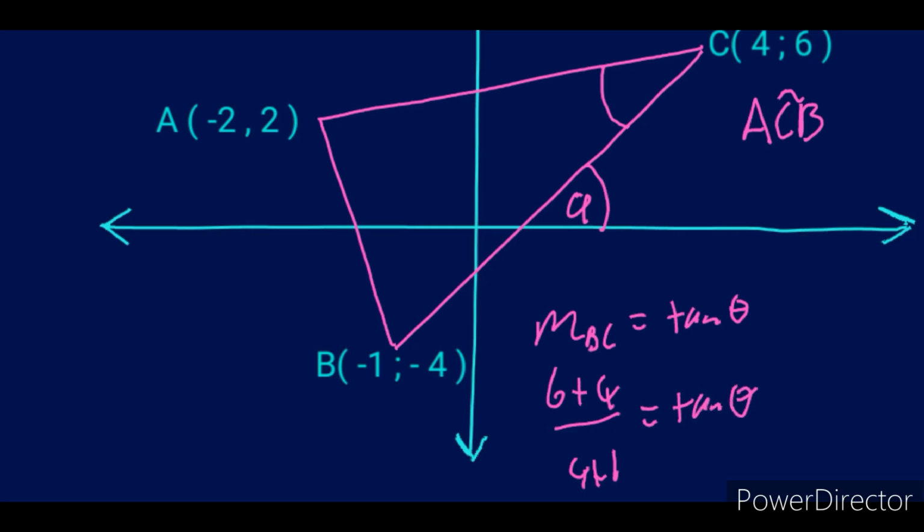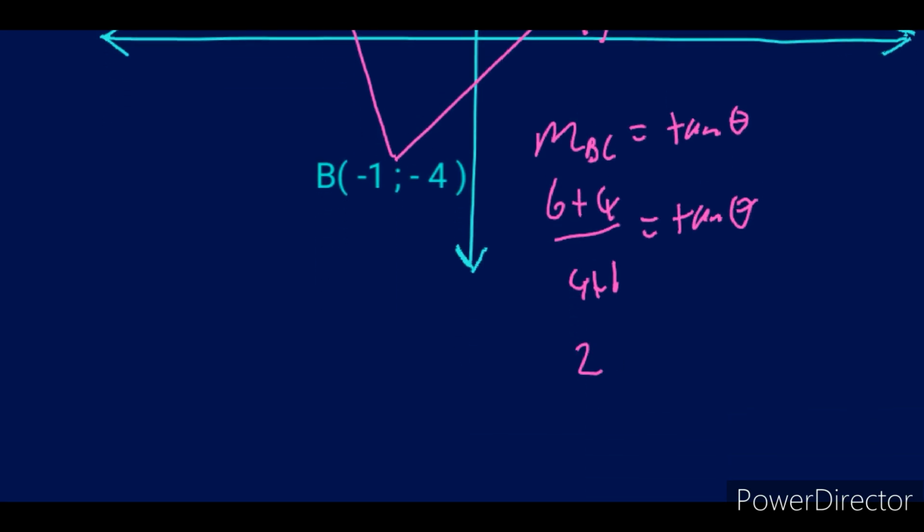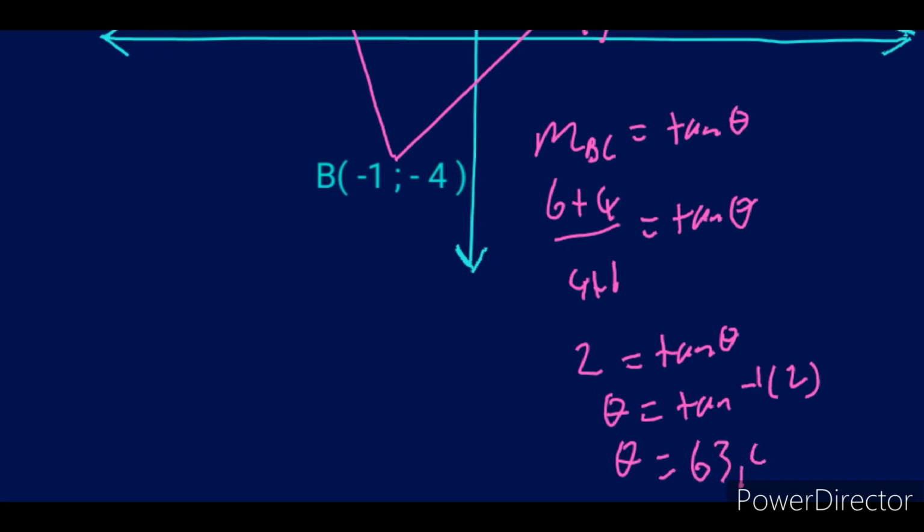And this gave us 2 equals tan theta. And then when we use arctan 2, so inverse tan 2, let's see what this gives us. So you get 63.4349.